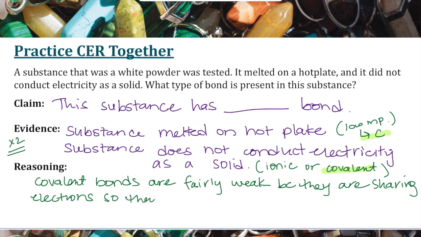So they have a low melting point. So there's my supporting of my first piece of evidence. It melted on a hot plate. So melted means it has a low melting point. It didn't take a lot of energy. So fairly weak bonds.